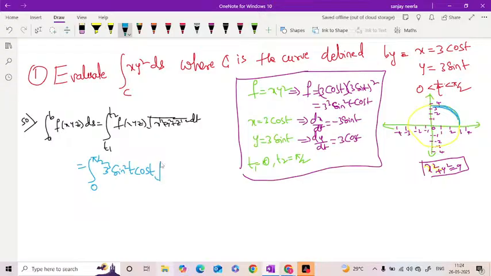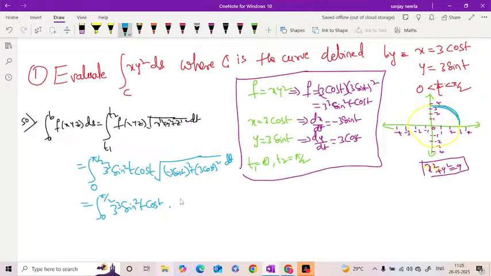Now under root of x dash square, that means minus 3 sin t whole square plus 3 cos t whole square into dt. That means integral 0 to pi by 2 of 3 power 3 sin square t into cos t, and what is under root of minus 3 sin square t plus 3 cos square t? What is the result? Try it.